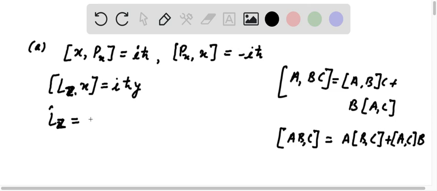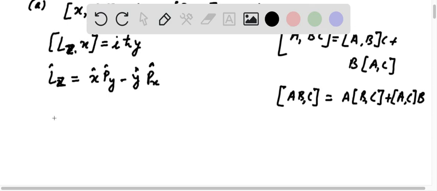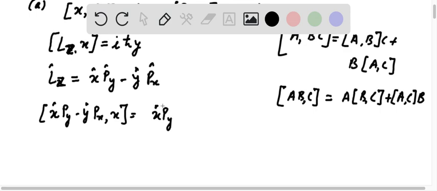Lz is equal to x py minus y px. Now take the commutation relation, that is [x py - y px, x], which is [x py, x] minus [y px, x].